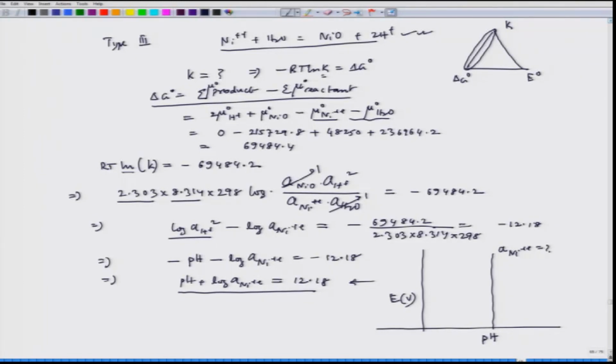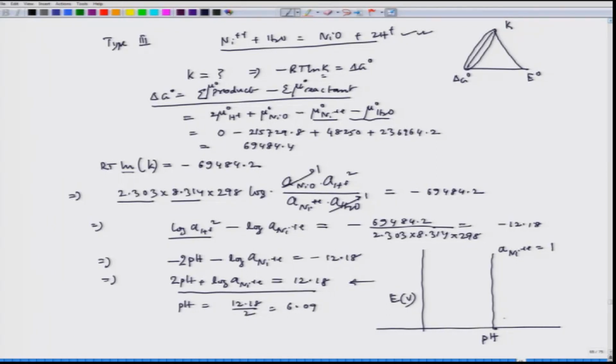I think we made a small mistake here: there should be 2 pH, because the power 2 would come. Now, if we consider this to be 1, then the pH at which this equation would be valid is 12.18 by 2, equal to 6.09.